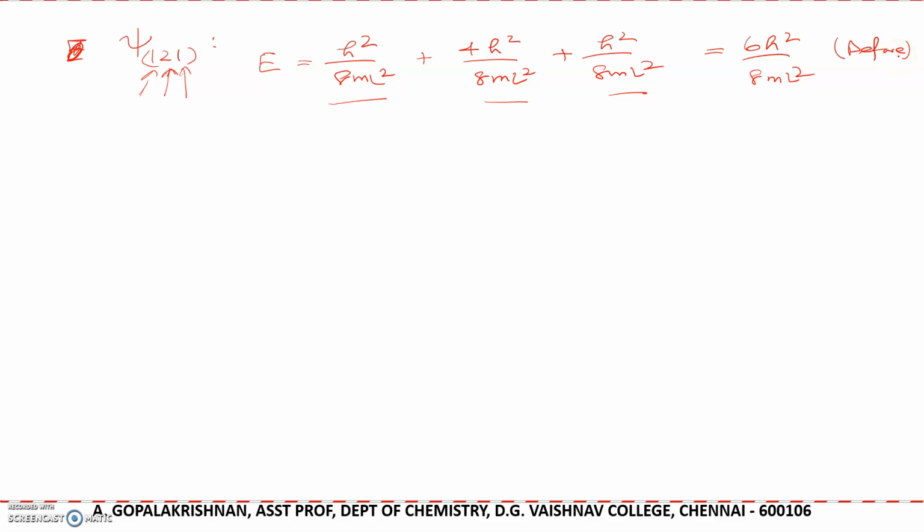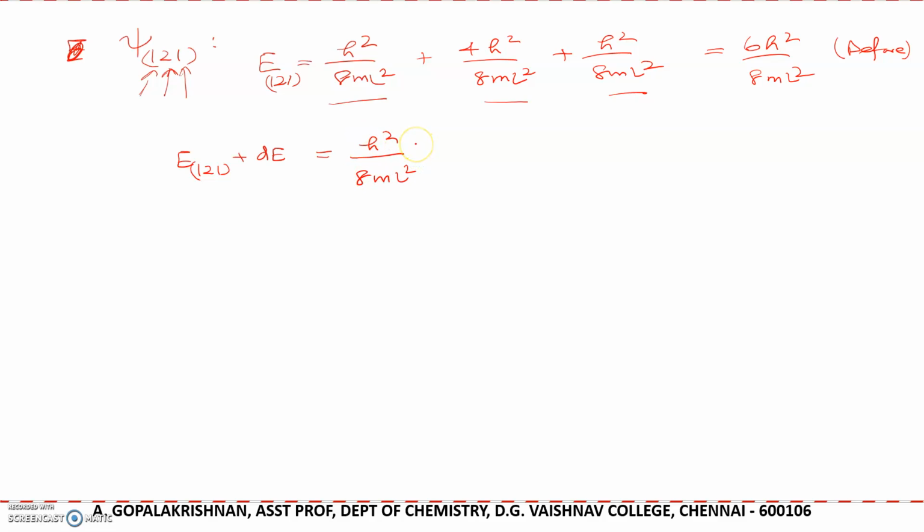Now what I am going to do, since we have distorted the geometry along the x-axis, there will be some change in energy. So this is the energy of the 1-2-1 state before distortion. The energy of the 1-2-1 state gets changed by an amount dE due to distortion. So what is that? h²/8mL².